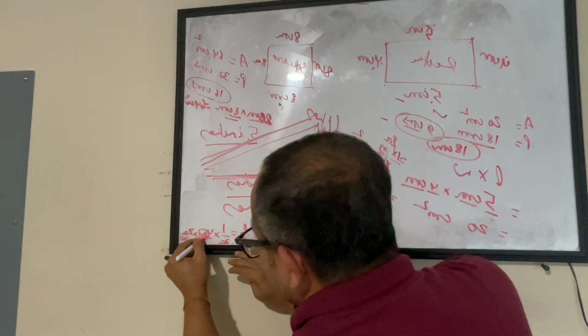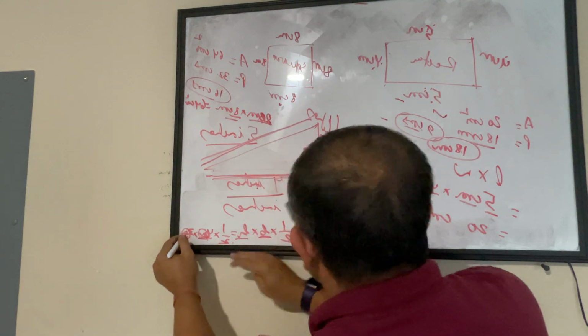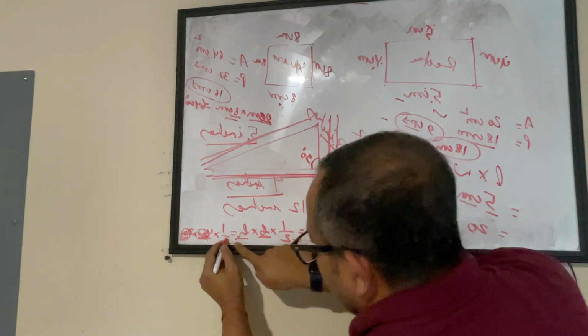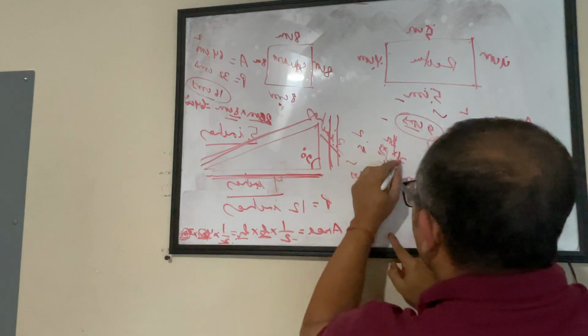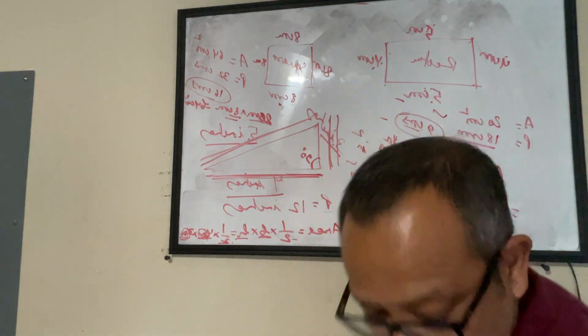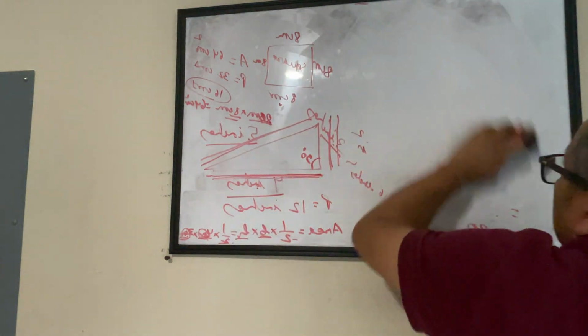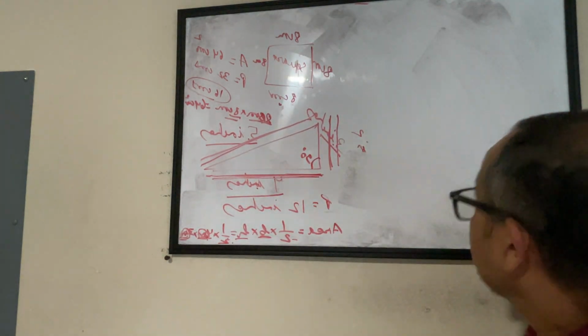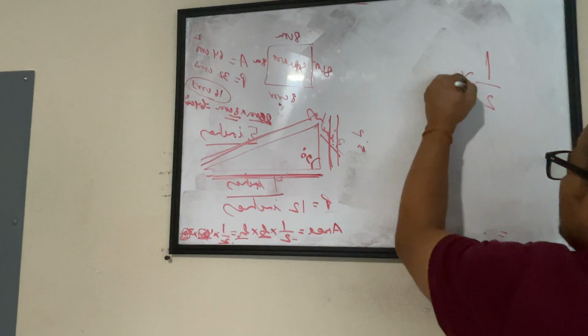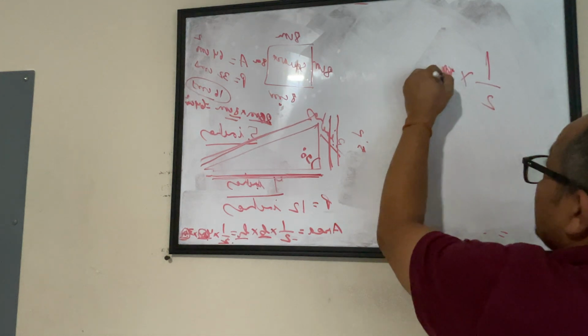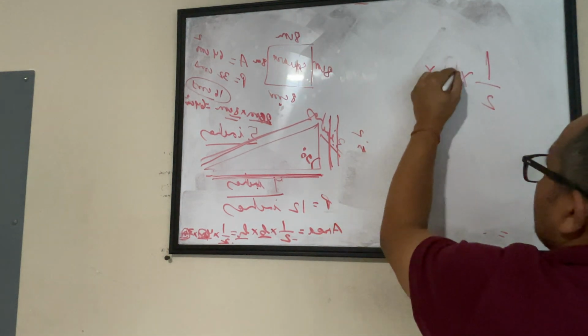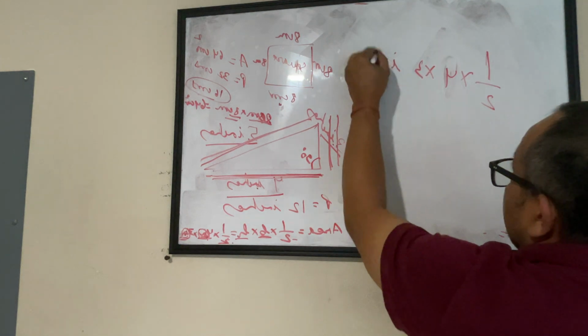I will deal with inches together. So inches into inches becomes inches square. And half into 4 into 3, inches square.